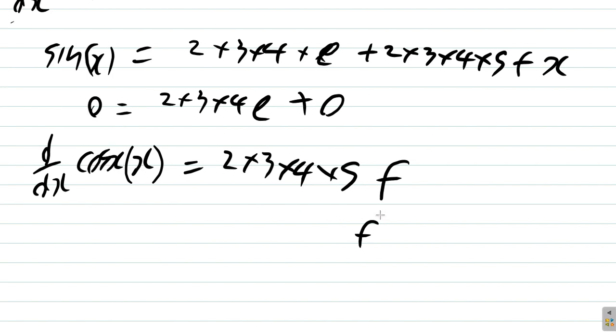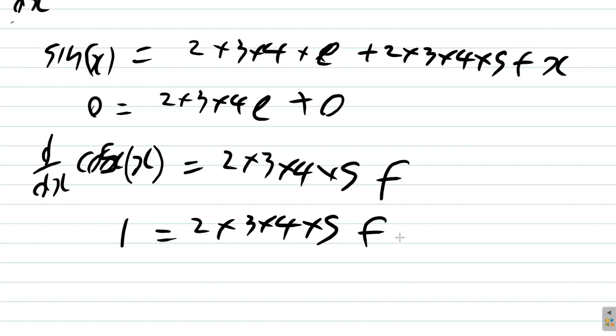Right. So f, first of all, before we do that, we want to make x 0. Cosine of 0 is 1. 1 is equal to 2 by 3 times 4 times 5 f. Then we divide by 2 by 3 by 4 by 5 to get f.